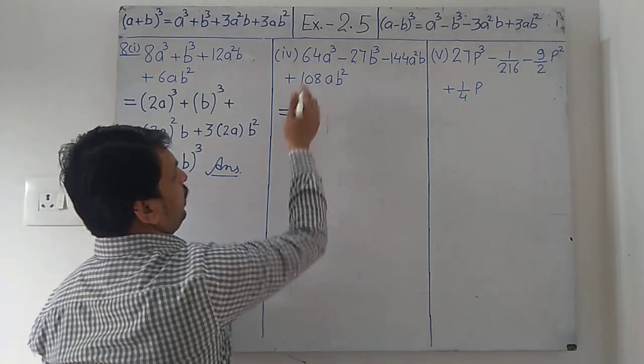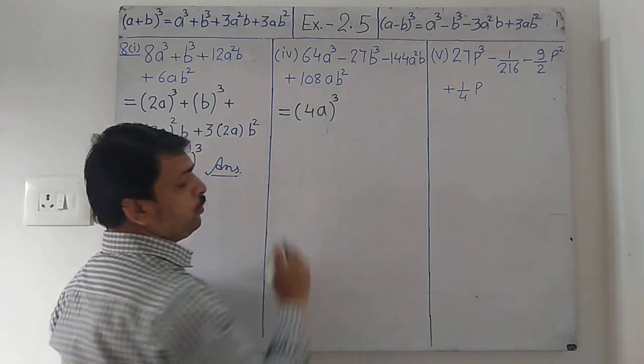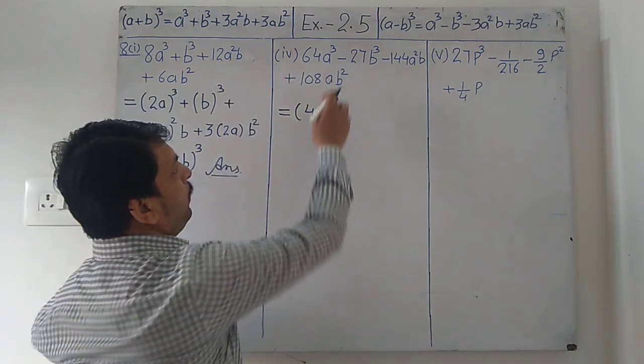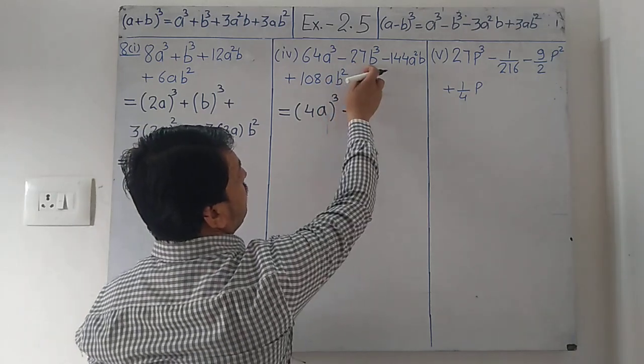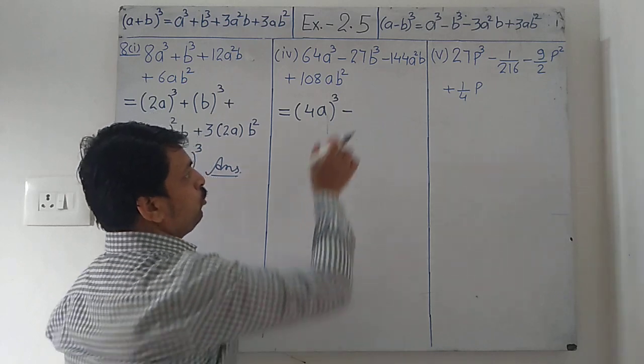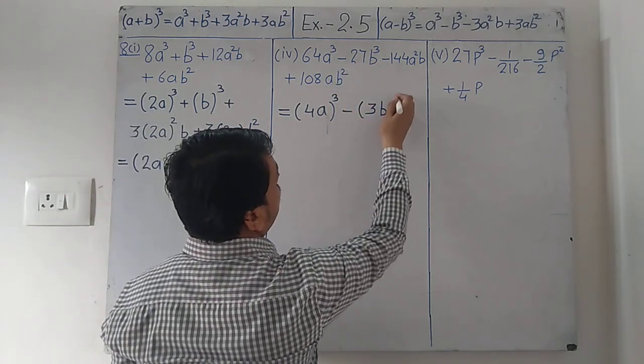So 64a cube can be written as (4a) cube, and 27b cube as (3b) cube, since 27 is the cube of 3.